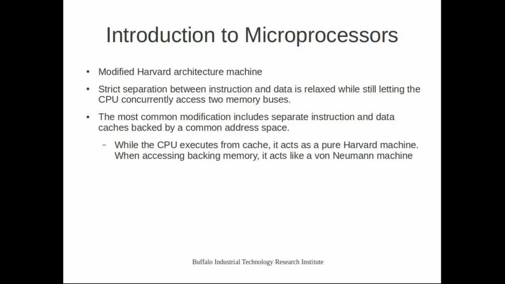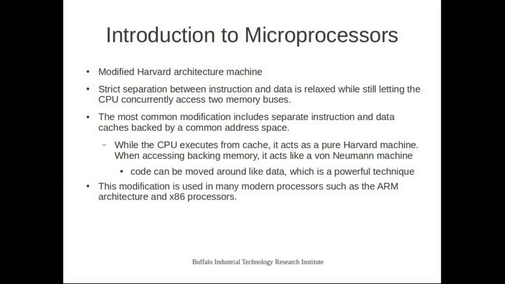When the CPU is executing from the cache, it acted like a pure Harvard machine with two different buses and two different address spaces, but when accessing the main memory, it acted like a von Neumann machine. This facilitated code being moved around like data, which was a powerful technique in programming. This modified Harvard architecture is used in modern processors such as Intel x86 and ARM.